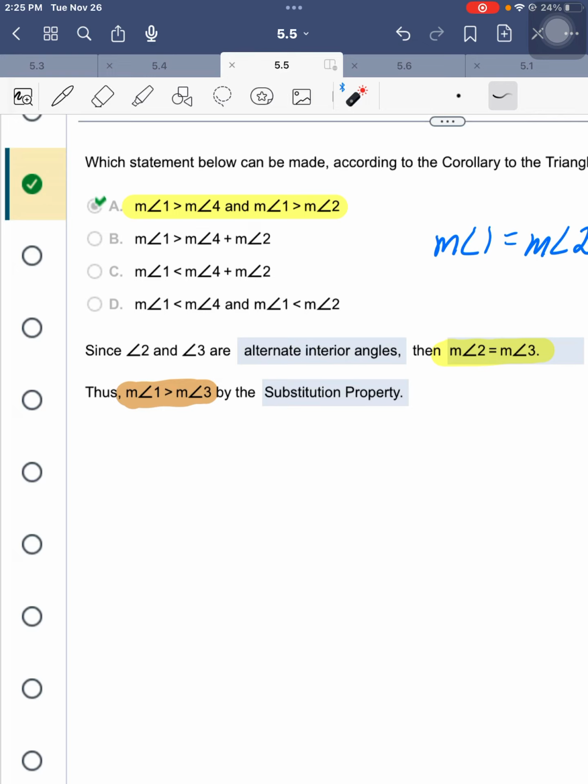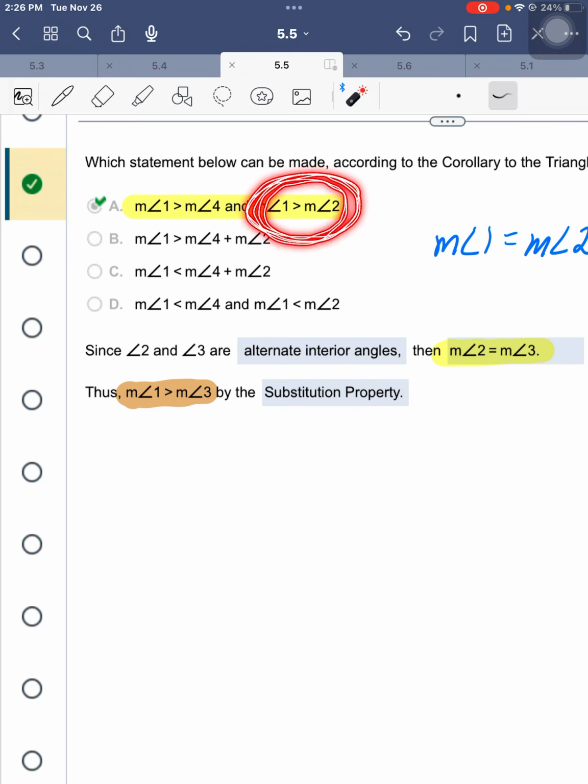So if 1 is greater than 3, and 2 is equal to 3, then maybe I can say the measure of angle 1 is greater than measure of angle 2, and then substitute this 3 onto there. So let's see, is there something like that? Right here.